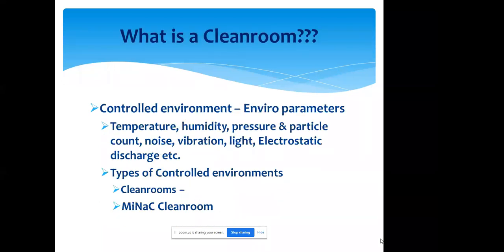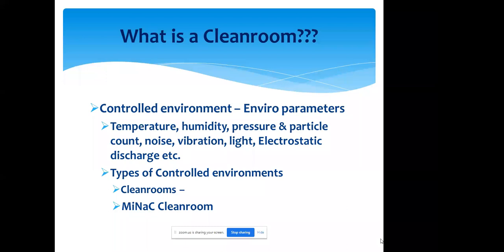So today we are going to talk about what is a clean room. We're going to talk a little bit about clean rooms. What is a clean room? So a clean room is a controlled environment. But what is a controlled environment? A controlled environment is a space where environmental parameters are monitored.